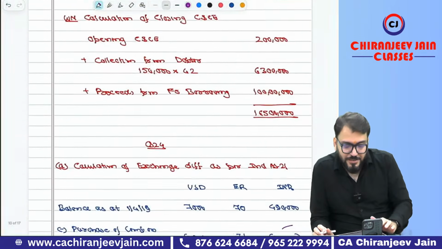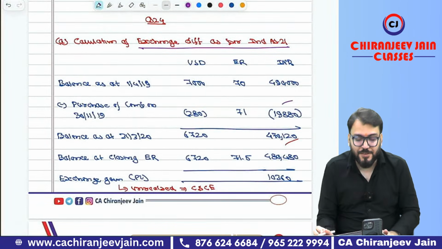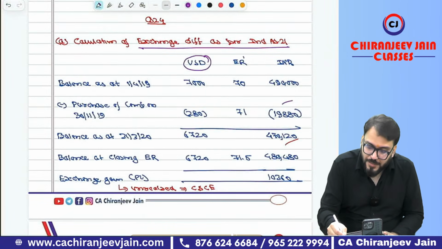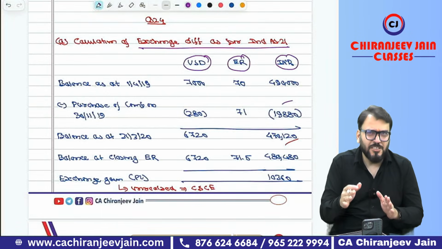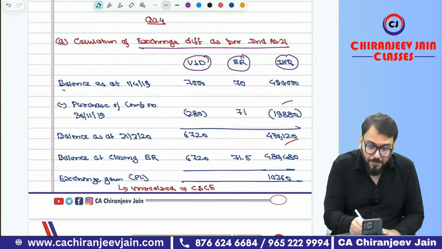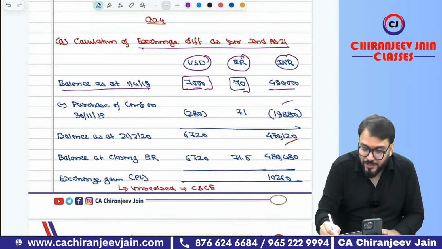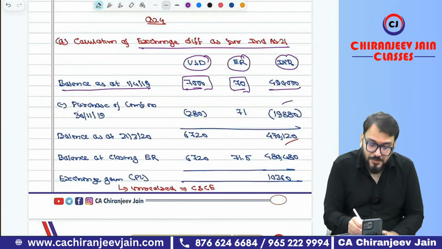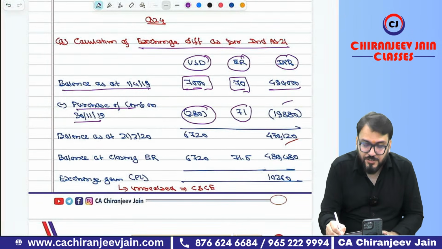Now in this, first we'll find out exchange difference as per Ind AS 21. Of course, this bank balance in foreign country is a foreign currency monetary item. So balance as at the beginning 7,000, we'll use opening rate. It becomes 4,90,000. Then purchase of computer on 30th November, 280 minus, we'll use the transaction exchange rate.